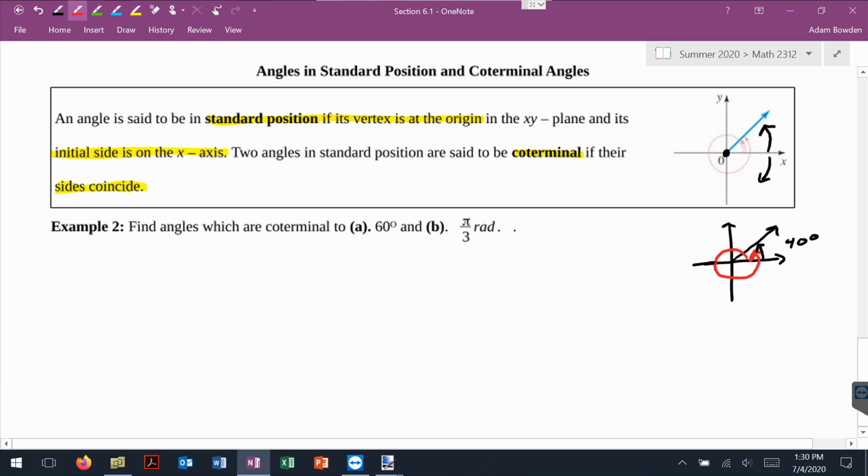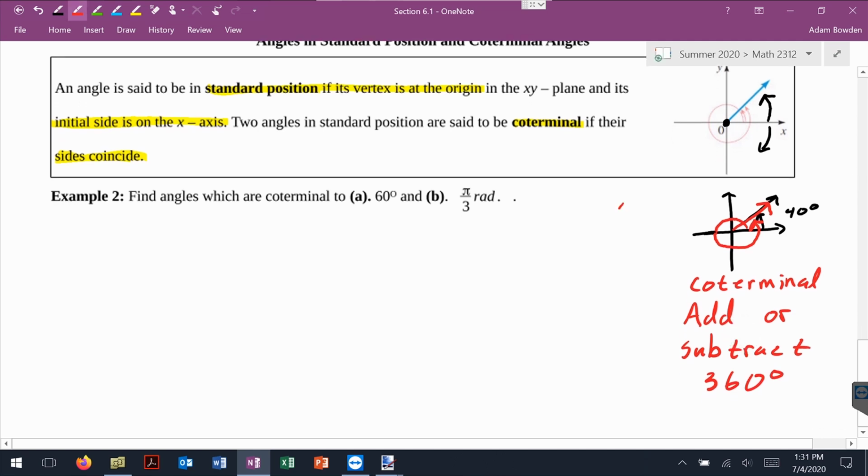That would be called a coterminal angle to the 40 degrees. So the question is, how do we figure out coterminal angles? Here's what we do. To get a coterminal angle with degrees, we add or subtract 360 degrees.